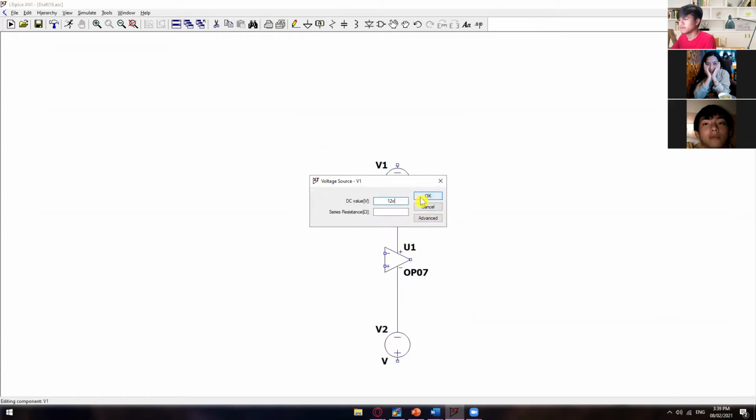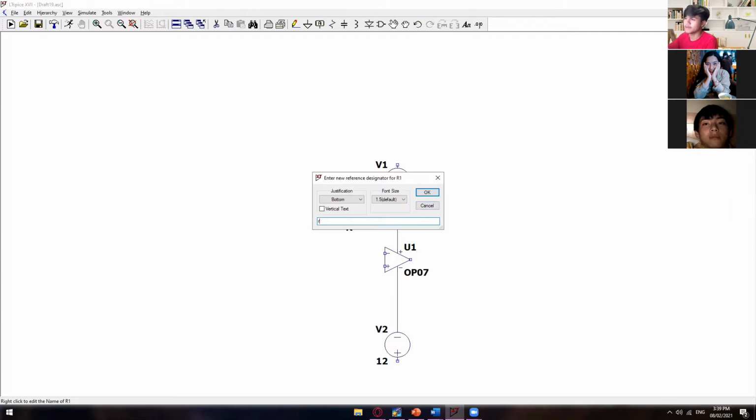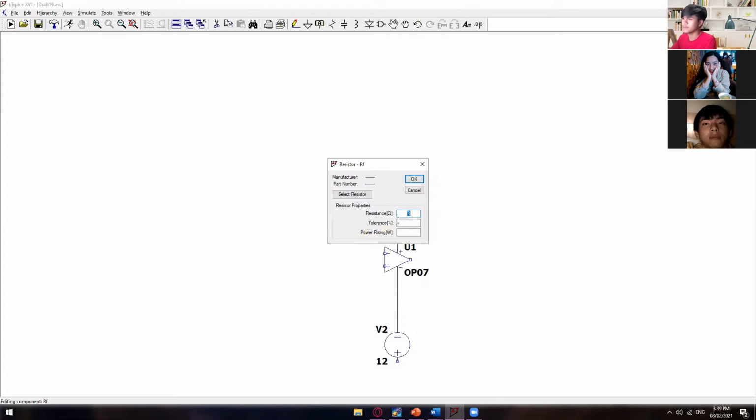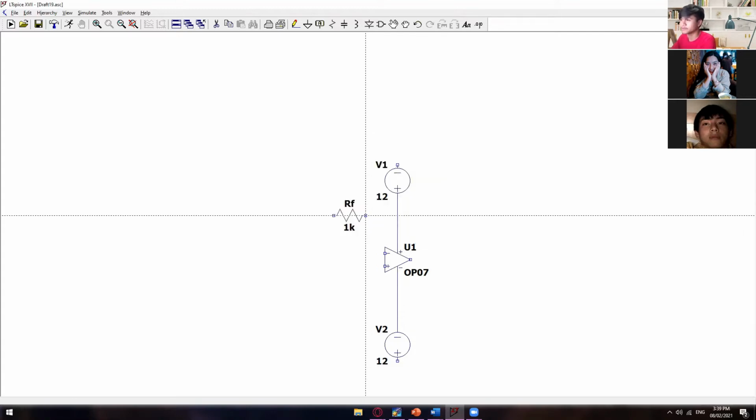Let's see, 12 volts. And we have here a resistor, which is our feedback resistor, RF. And then let's say we have 1K for now.